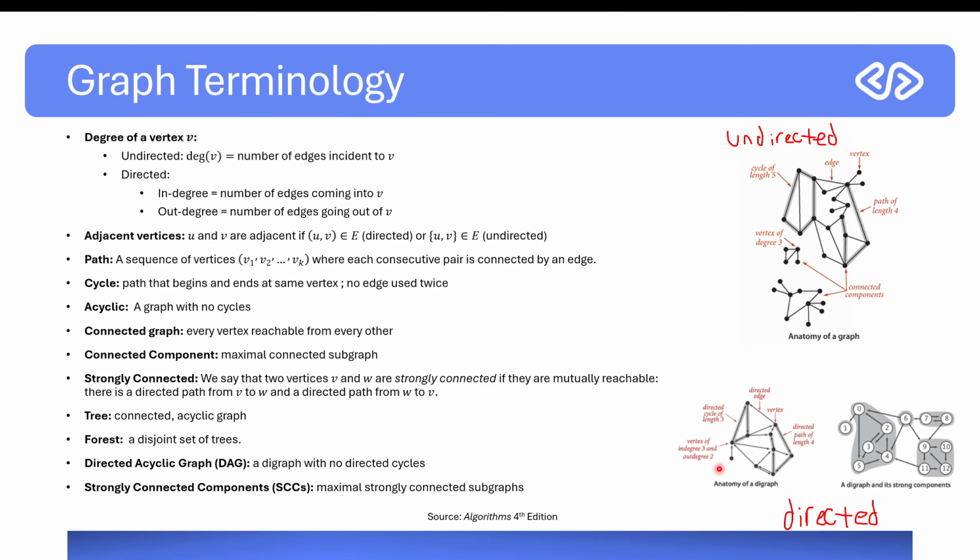For in-degree, there are 3 arrows pointing in, so 3 vertices pointing in, and then there are 2 pointing outwards. So that's an in-degree of 3 and an out-degree of 2. Adjacent vertices are just the vertices that are near, that have an edge with each other.